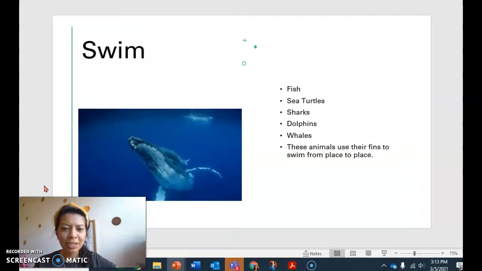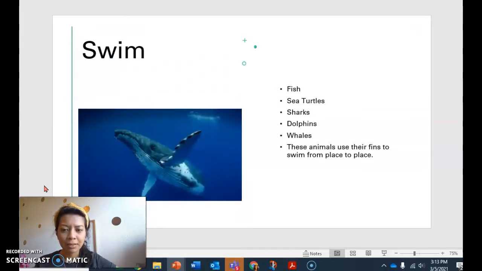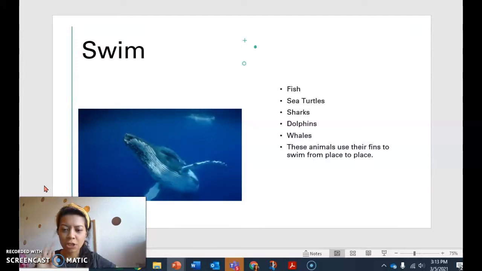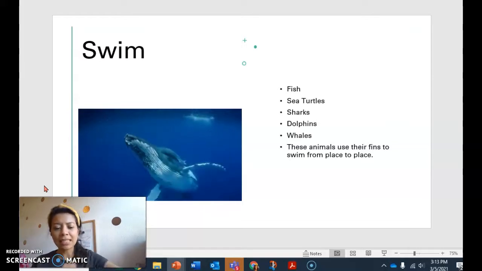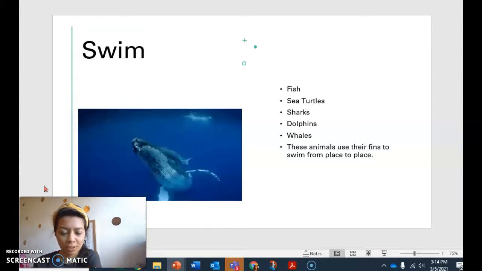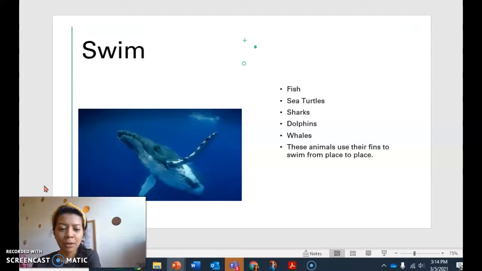Our next picture here, we have swim. We know that fish, sea turtles, sharks, dolphins, and whales use their fins to move from one place to another. These animals are found in the ocean, so they're able to swim across the sea.